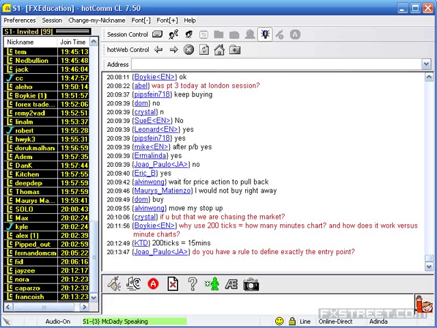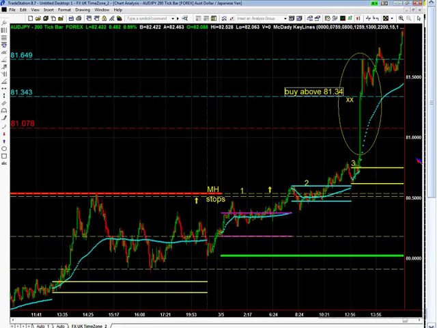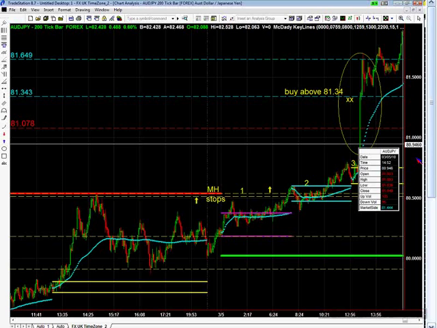Exactly. Again, we get into the detail of the rules, Joe, but what I'm trying to show you here is price behavior. I just picked the Aussie yen because this is what we picked this morning. I don't do any canned presentations. I just follow the same set of rules that I'm telling you.